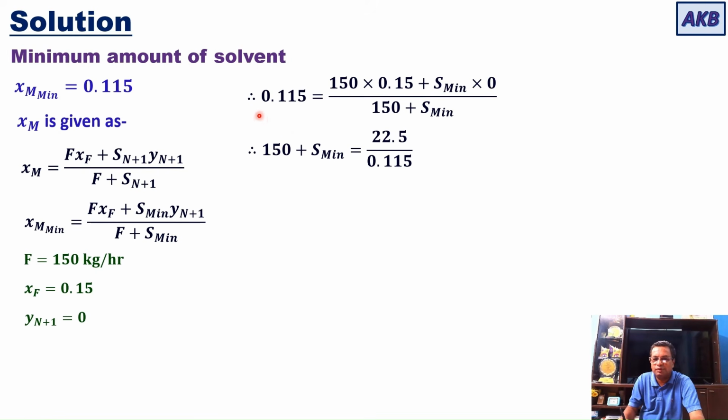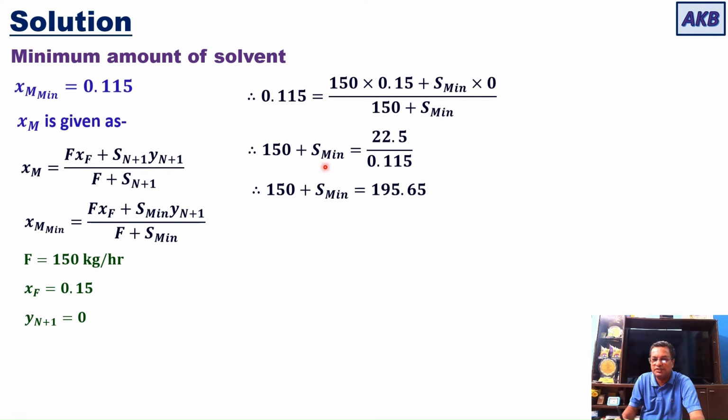Let us use these values. So, it would be 0.115 is equal to 150 into 0.15 plus S minimum into 0, divided by 150 plus S minimum. The numerator, when simply solved, gives 22.5.